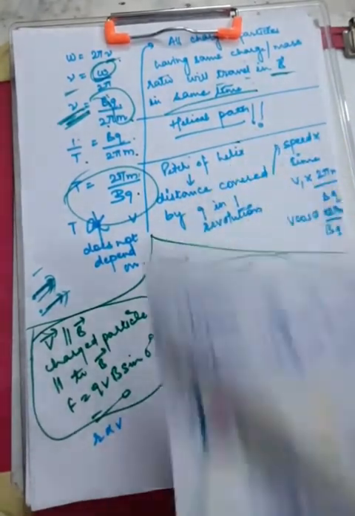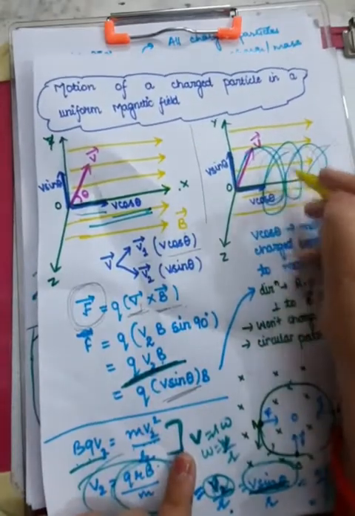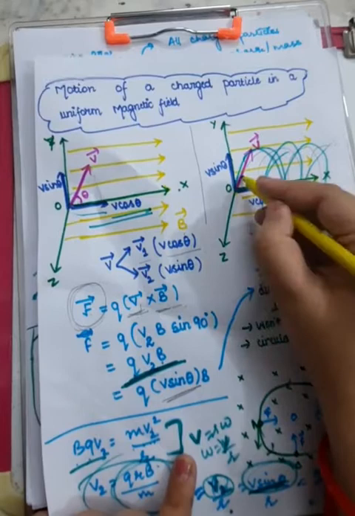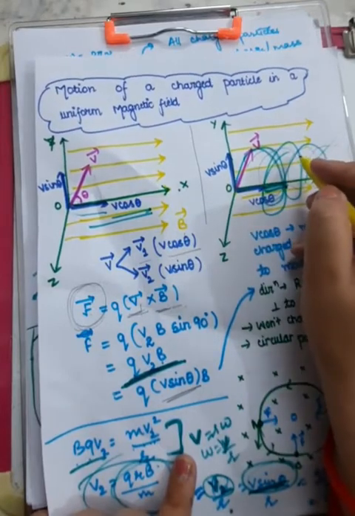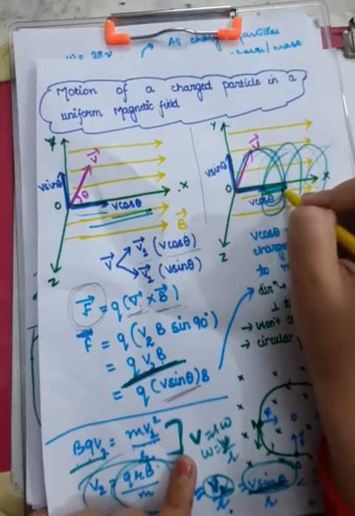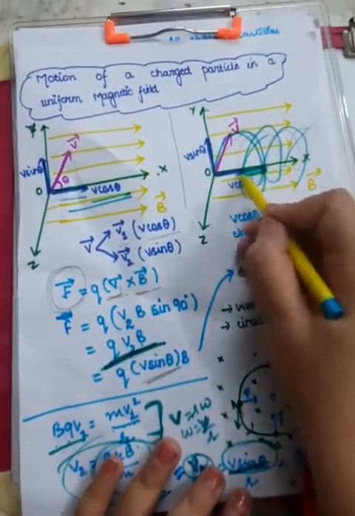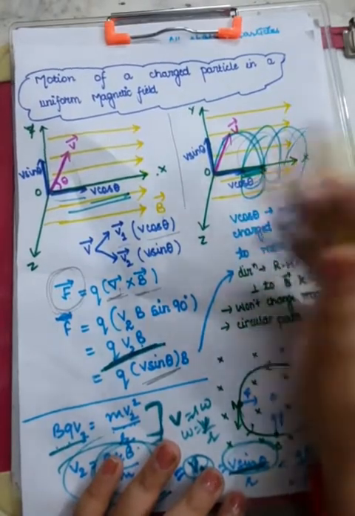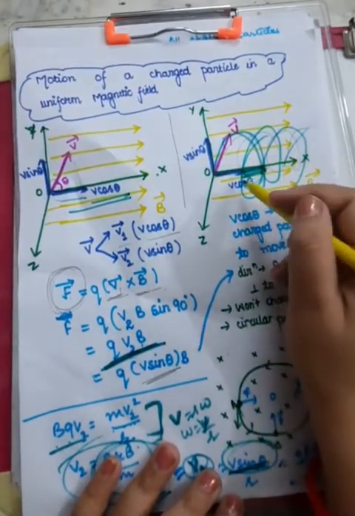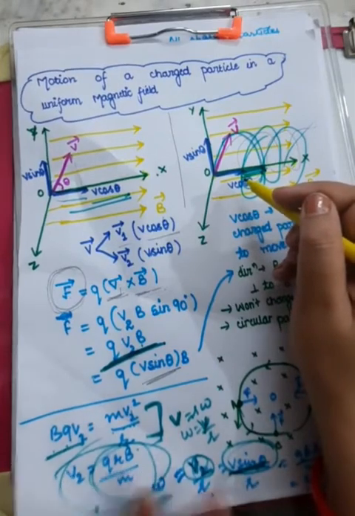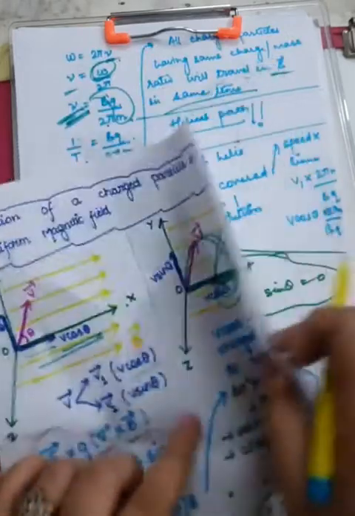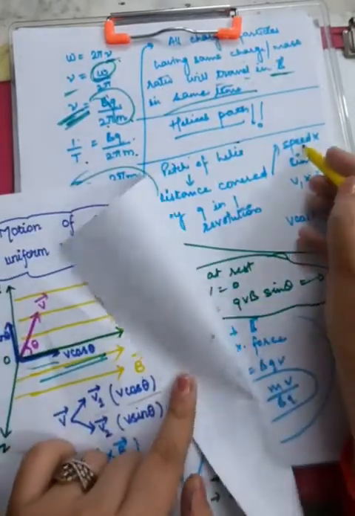Next, when the particle takes one revolution, it covers some horizontal distance also. That horizontal distance covered in one revolution is known as the pitch of helix. So how to find out the pitch of helix? It's simply the distance the particle covers in one revolution. So pitch is equal to distance, and distance is equal to speed into time.